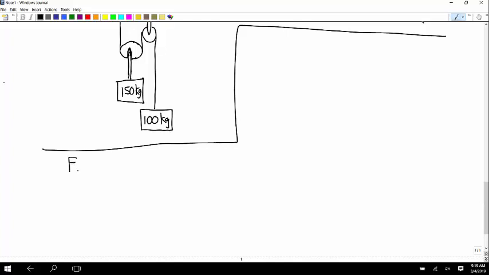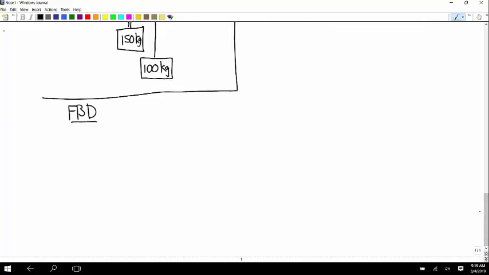Okay, so let's draw a free body diagram of everything that's hanging by the cable. There's the 150-kilogram mass. There's the pulley. And the forces applied are a downward force, 150 times 9.81, which is 1471.5.